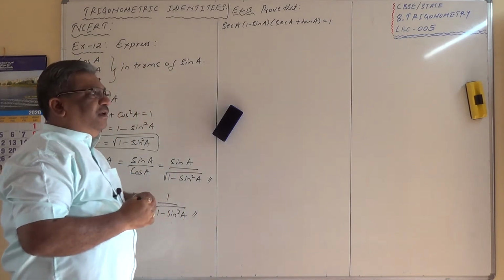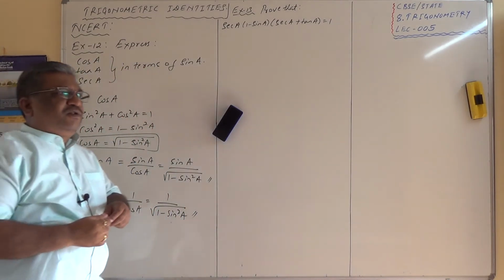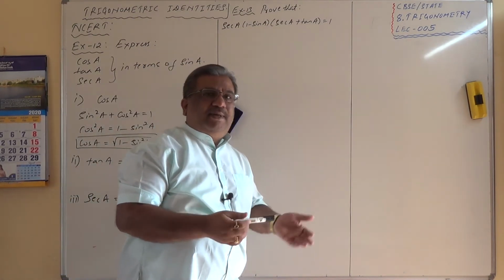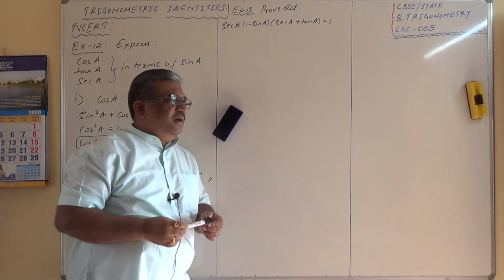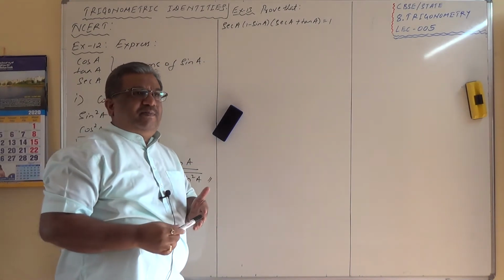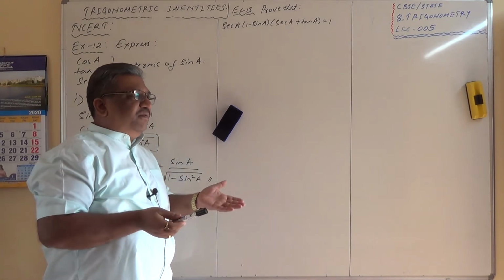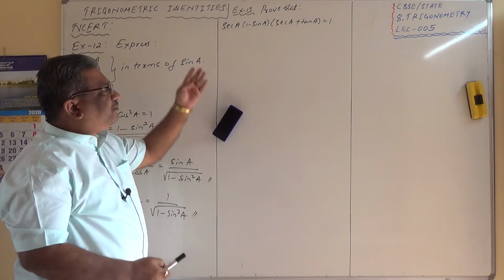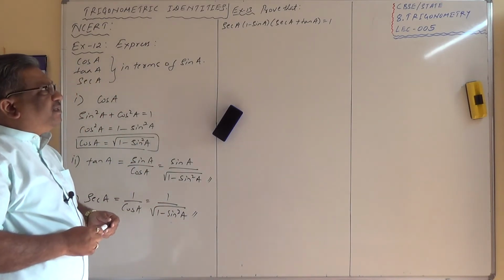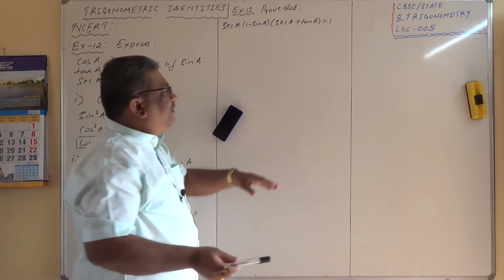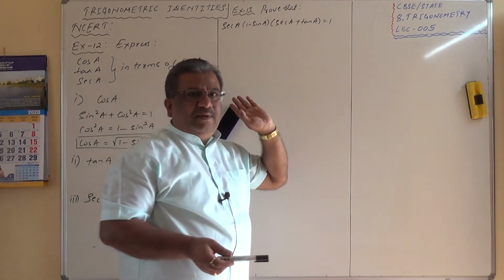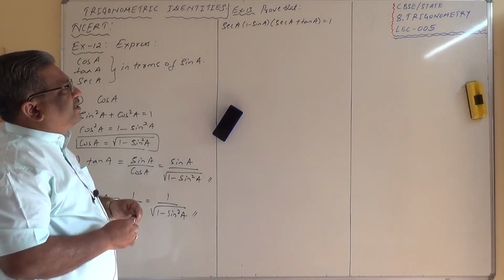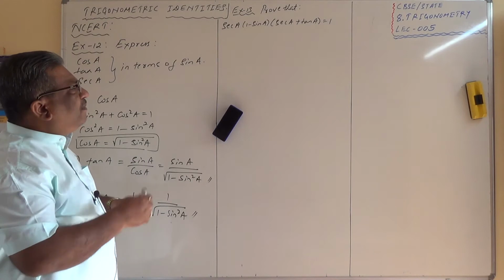Whenever prove that, verify that, show that such questions are there, we need to take LHS and arrive at RHS, or RHS and arrive at LHS. That is the standard procedure, and which side is to be taken depends upon the nature of complexity of the numerical. Here the LHS side is quite complicated, and therefore I will take the LHS and try to arrive at RHS. It is very difficult for you to take RHS and arrive at LHS, no? It is impossible. So let me take the left hand side and arrive at the RHS.